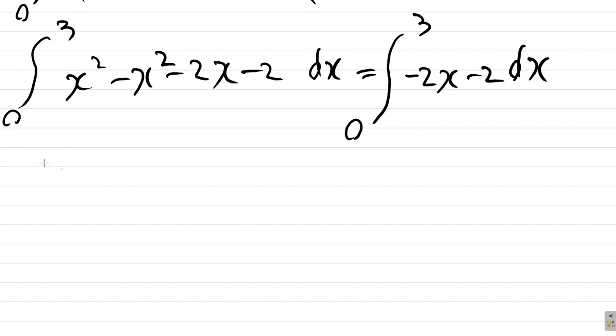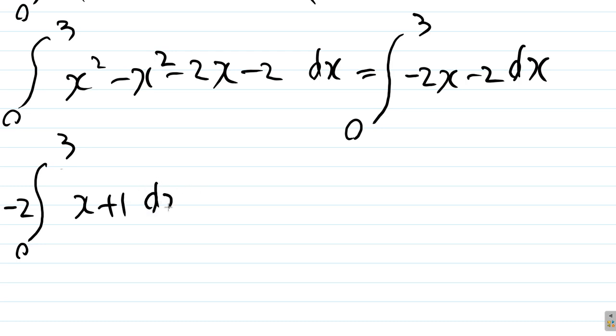So, when you integrate, well, you could put the negative 2 outside the integral sign. Let's do that then. It is negative 2 times the integral from 0 to 3 of x plus 1 dx. So you see that part of x plus 1 is there.